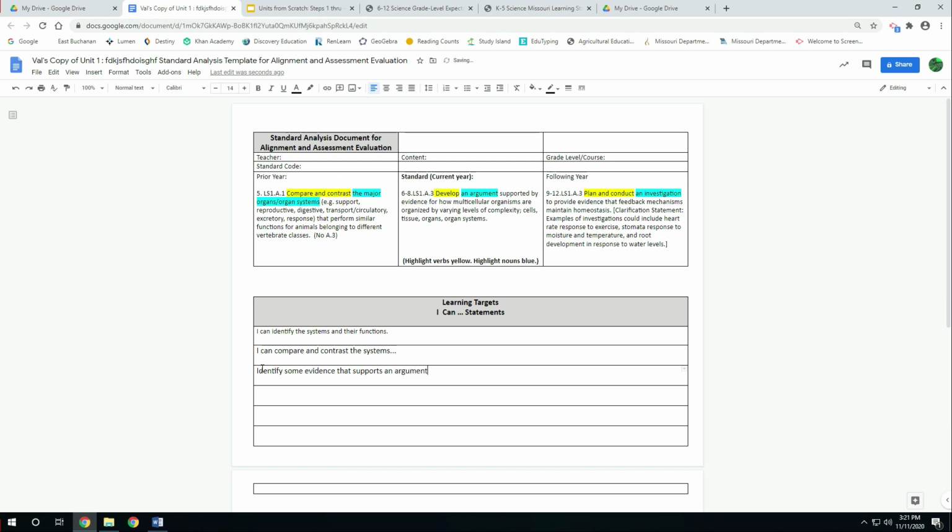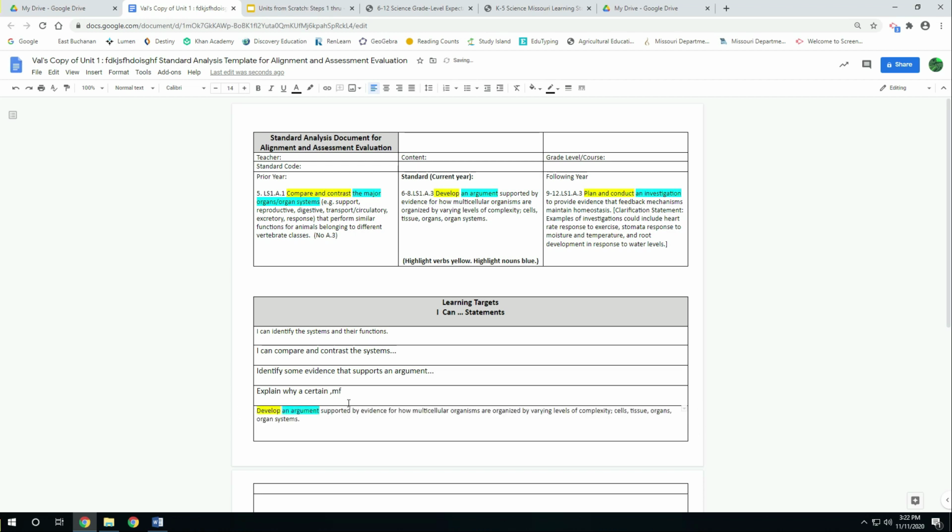So they're just going to say, yeah, this one does, and maybe this one doesn't, etc. And then maybe explain why a certain piece of evidence doesn't support the argument. And then finally, I bet I can develop an argument of my own. So maybe I just copy and paste this whole thing in there, because that's what I have to do at that point.